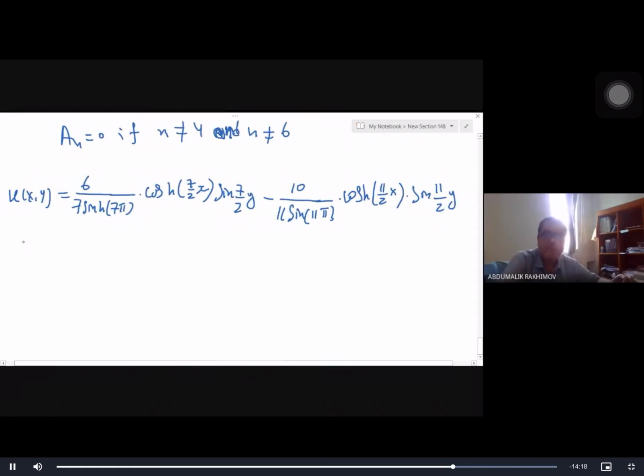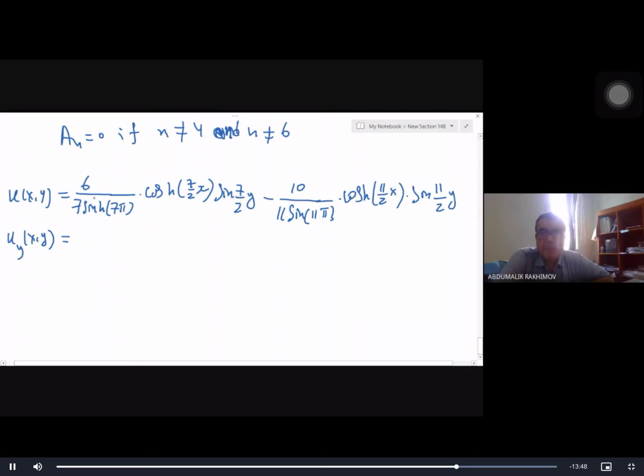Also, I will need a derivative because the boundary condition has a derivative, right? So I need the derivative with respect to y. We must differentiate sine of 7/2 y. From the derivative, 7/2 comes out.